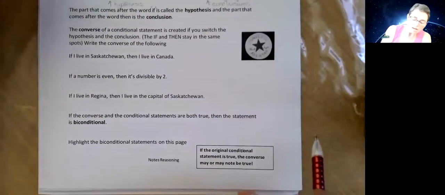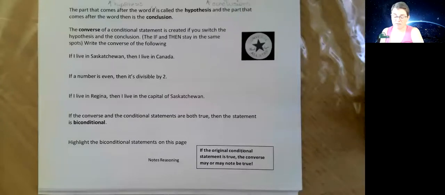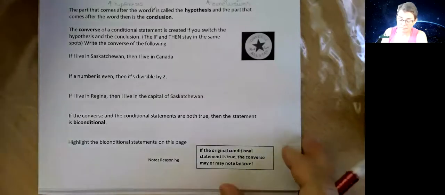Now, the converse of a conditional statement is created if you switch the hypothesis and the conclusion. The if and then stay where they are. So you write the converse of the following. And sometimes if the grammar gets messed up, don't even worry about it.